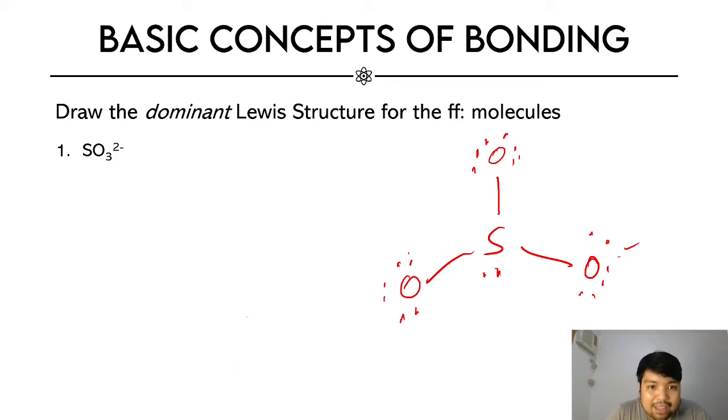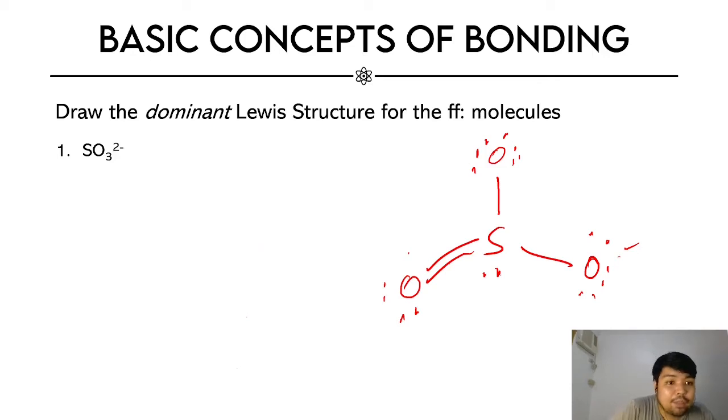The only way that I can think of is to use one of the lone pairs of an oxygen atom and draw it as another bonding electron with sulfur to make a sulfur-oxygen double bond. Okay?